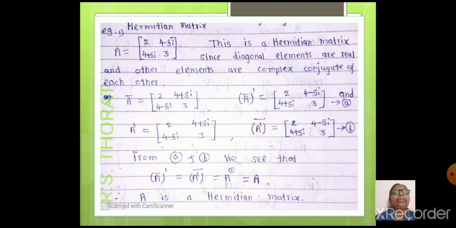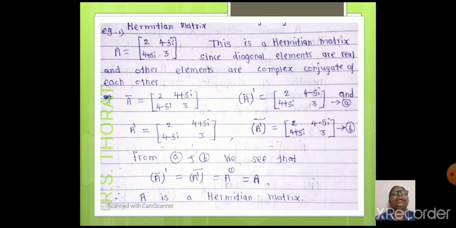This is a Hermitian matrix, since in this square matrix, diagonal elements are real and other elements are conjugates of each other. That is, conjugate of 4 minus 5i is 4 plus 5i. Hence, this is a Hermitian matrix.